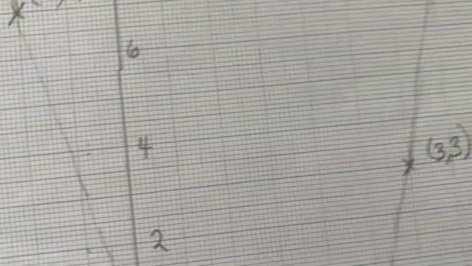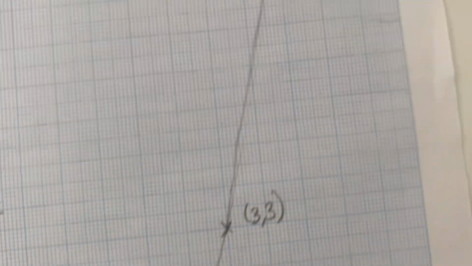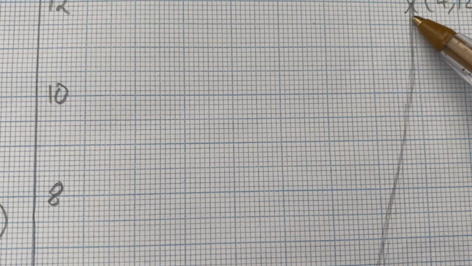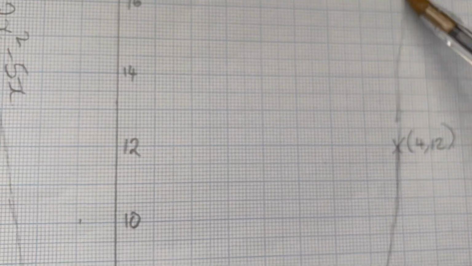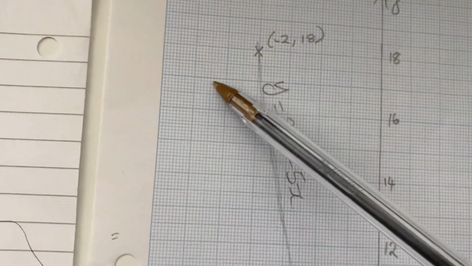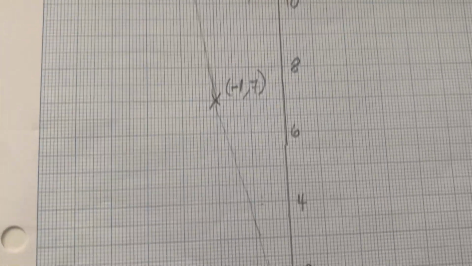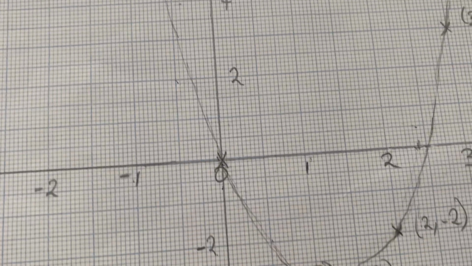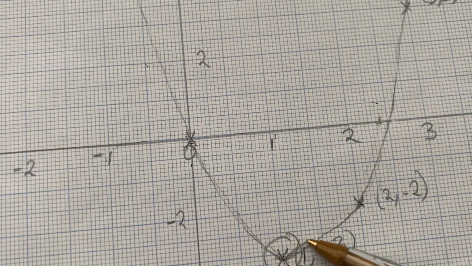And when x is 4, y is 12. I just extended the parabola a bit because it is going to be an upward curve. Okay, like you see, that is a turning point.